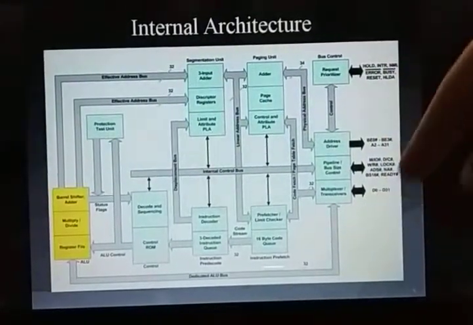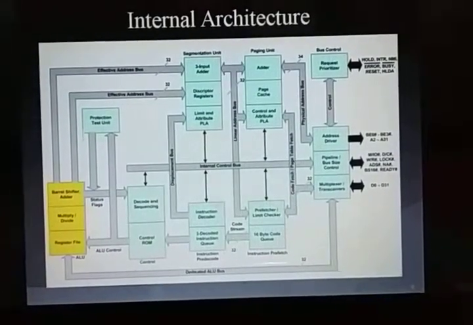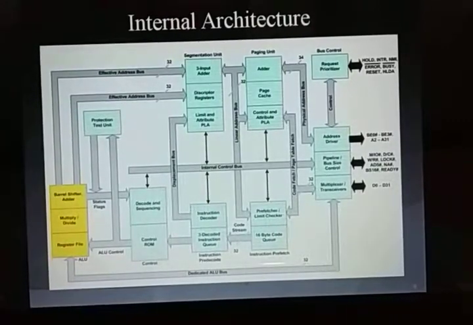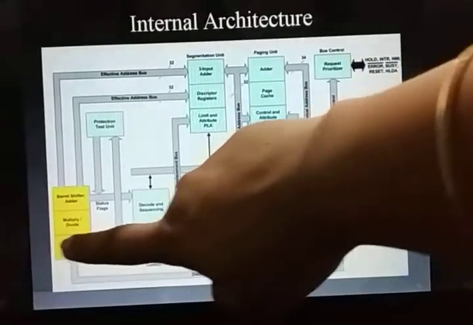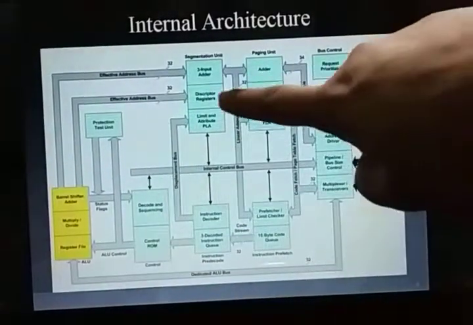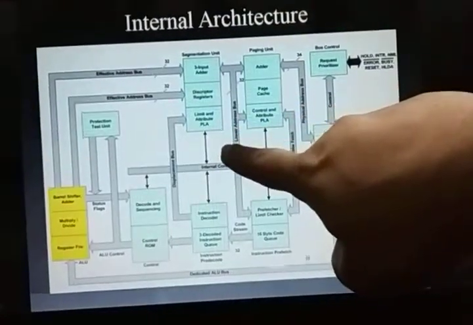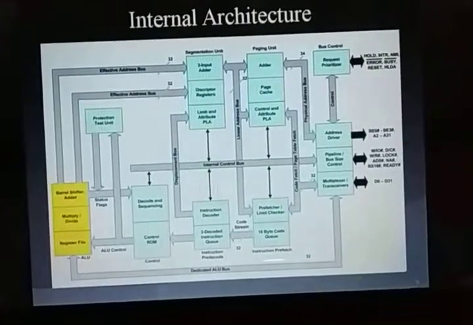So like that, you divide your architecture into three sections: central processing unit, memory management unit, and bus interface unit. This is your instruction unit part, this is your execution unit part, this is your memory management unit part, divided into segmentation and paging, and this is your bus interface unit part.